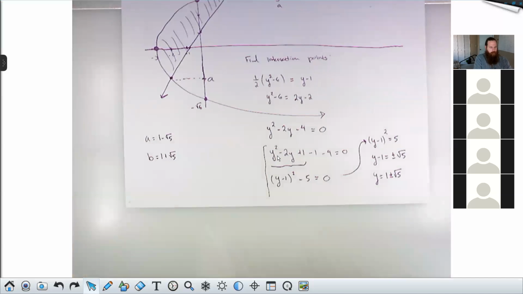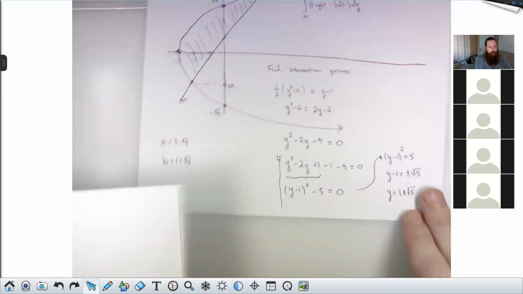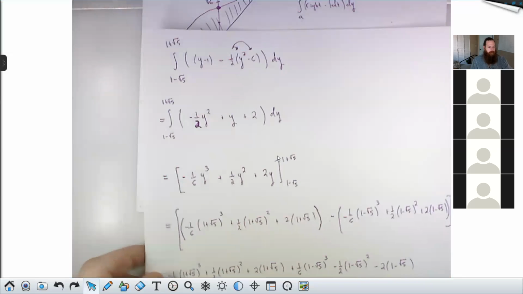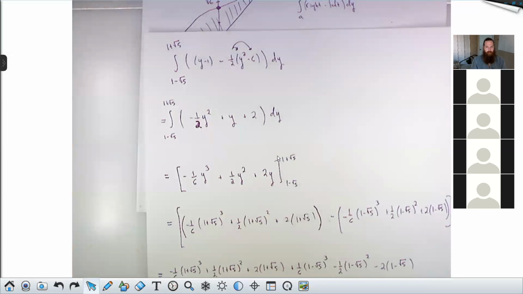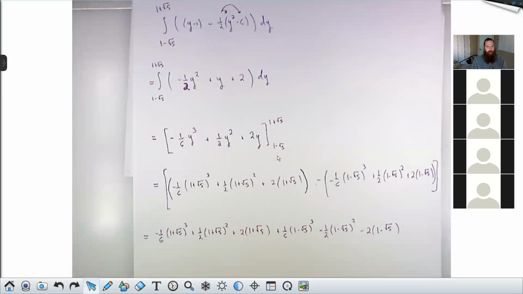So what I would like to do, I don't want to get in the way of anybody who's still writing, but what I would like to do is come back to this first page here and make sure we're all comfy with the steps that led to this integral. So first, I'll just give a few seconds for anybody who's still writing here.